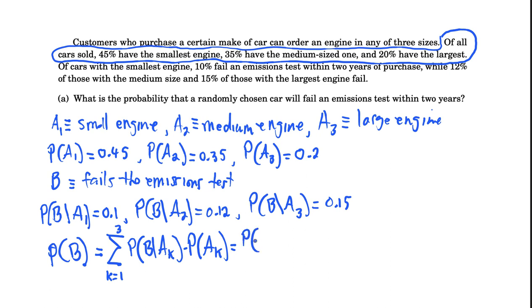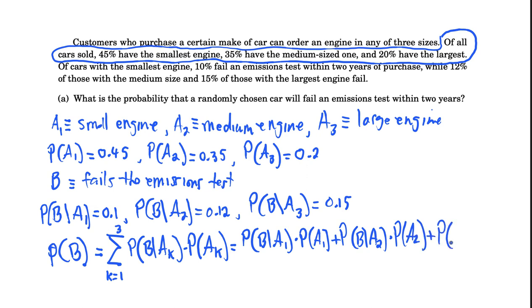It's the probability of B given A1, right? So the probability that it will fail given that it's a small car times the likelihood of choosing a small car, plus the probability of failure given a medium-sized car engine times the probability that you'll pick one of those, and then finally the probability of failure given a large engine times the probability of picking that large engine, right?